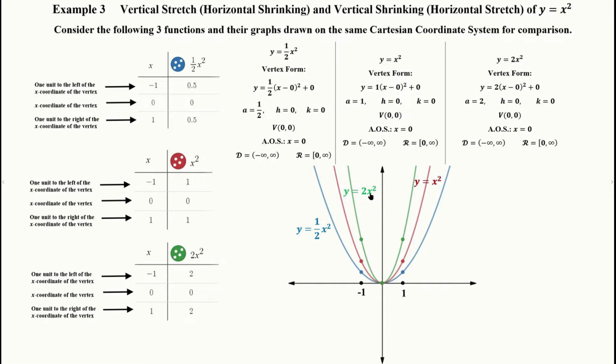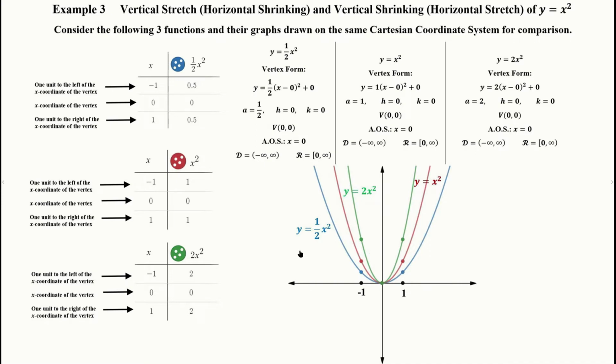So here is y equals x squared in red. So remember, if the absolute value of a is greater than 1, the parabola is going to be narrower than y equals x squared because it's going to be vertically stretched, which translates into horizontally shrunk.